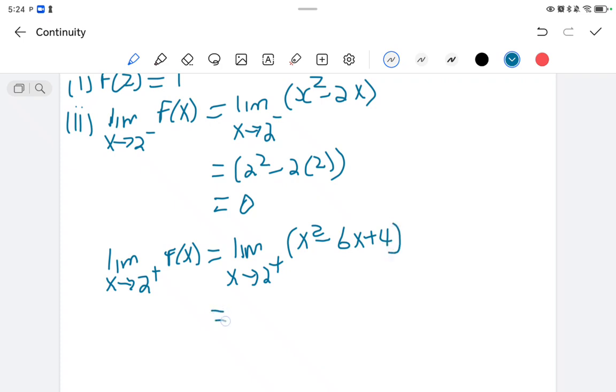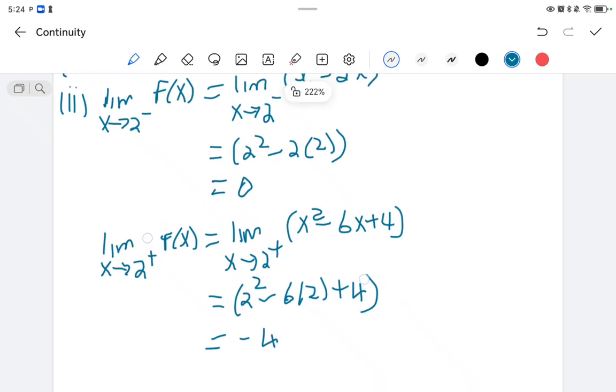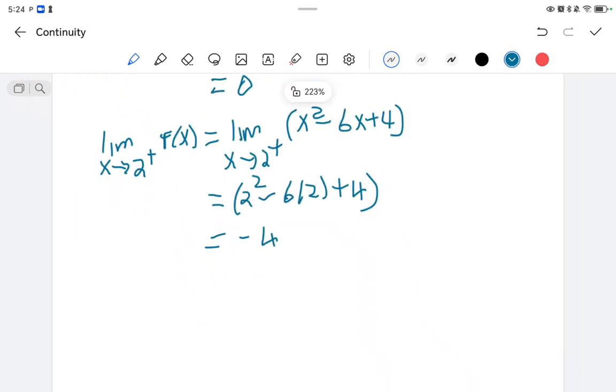Then I just plug in: 2 squared minus 6 times 2 plus 4. 4 plus 4 is 8, and 8 minus 12 is minus 4. Now we realize that from the left and right we got different values, so therefore the limit as x approaches 2 of f of x does not exist.